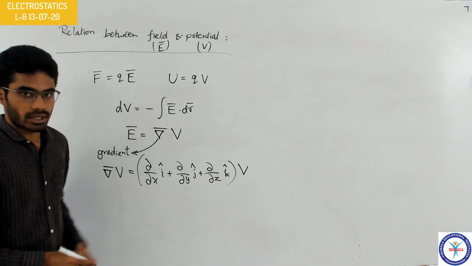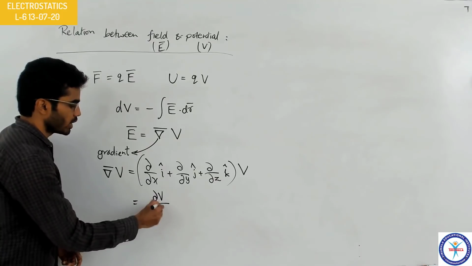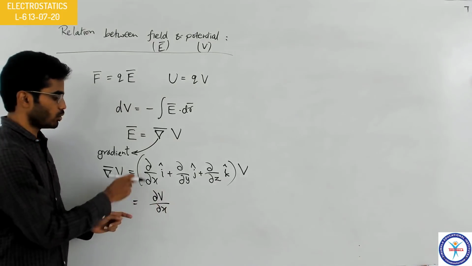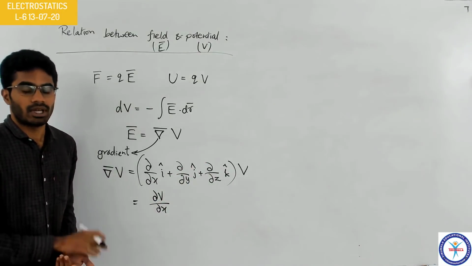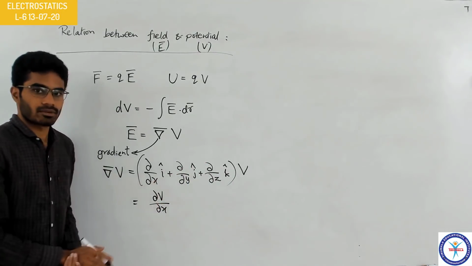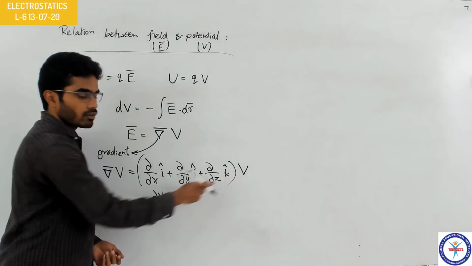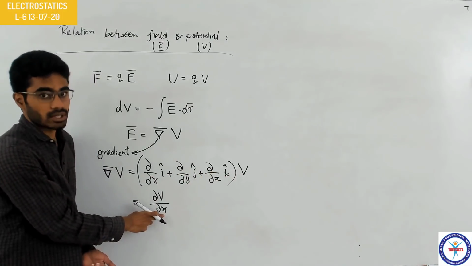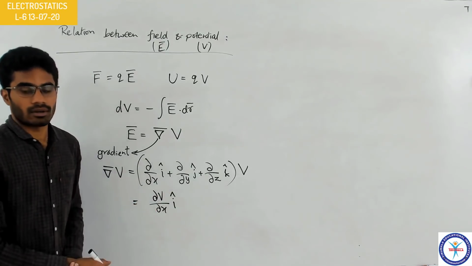So what does this give you? If you expand it, you will get dou v by dou x. See, it is an operation. You are performing a partial derivative operation on v in the i direction, right? So it is differentiating the potential with respect to position, which is x, in the direction i cap.